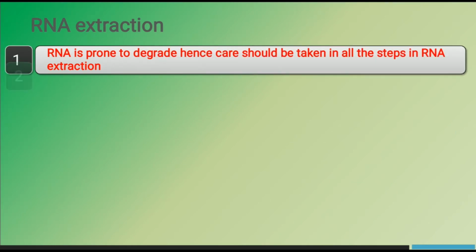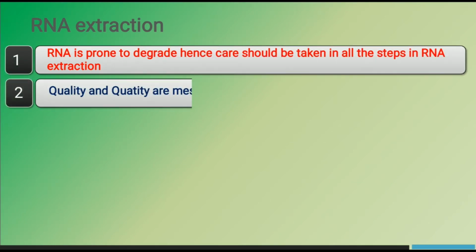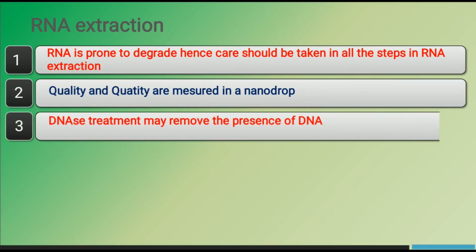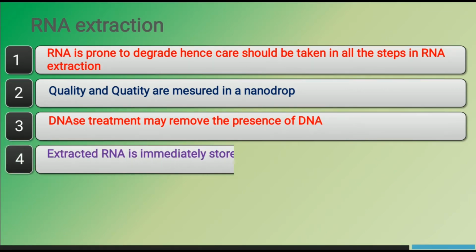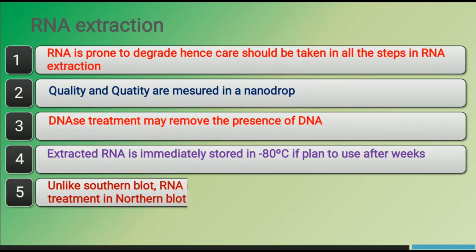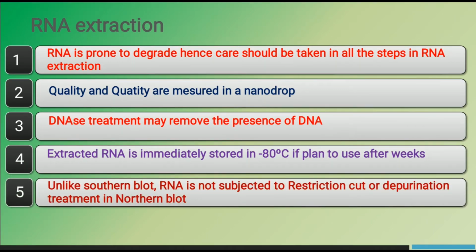Now we will see about RNA extraction. The RNA is prone to degrade, hence care should be taken to get high quality RNA. So we have to strictly follow all the precautions in all the steps of extraction of RNA molecules. And once extracted, the quality and quantity of the RNA must be checked in a nanodrop or any other method to ensure the quality is very good.